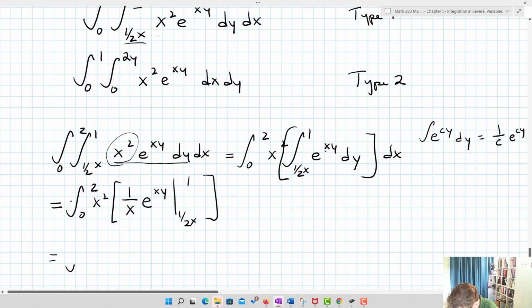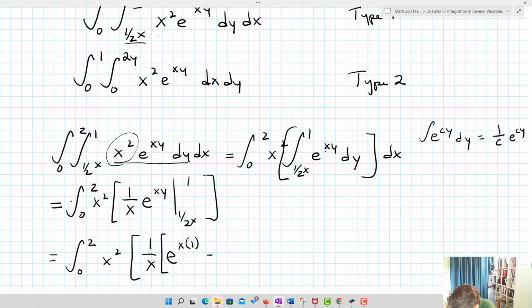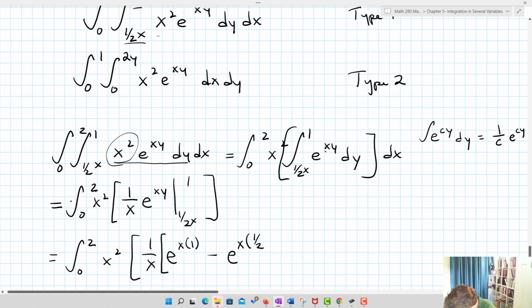So this will then equal the integral from 0 to 2, x squared times 1 over x, e to the x times 1, minus e to the x times 1/2 x.